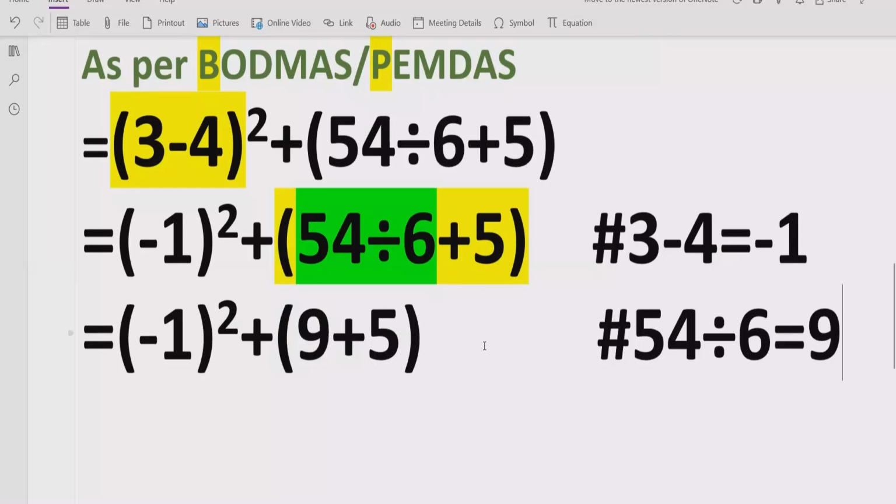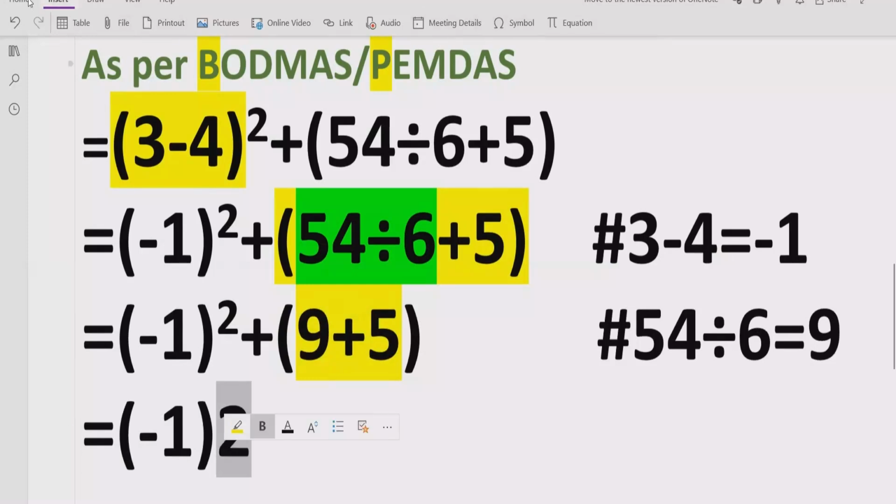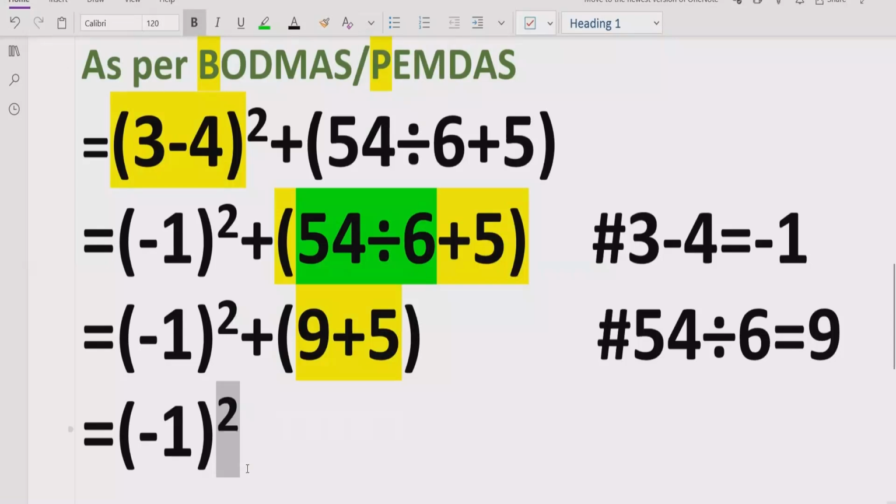Okay, now move forward. We have to solve the bracket again because we have 9 plus 5. So we write minus 1 raised to power 2, plus, and 9 plus 5 equals 14.